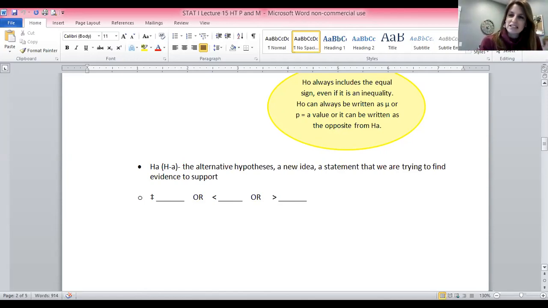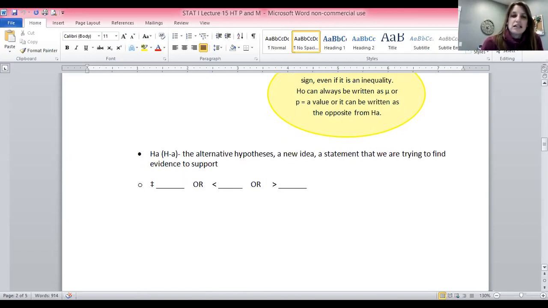All right, so that brings me to the next one, the HA. This is the alternative hypothesis. This is the new idea. This is the statement that we're trying to find support for. So this is the whole idea behind the hypothesis test, that we're trying to support this.